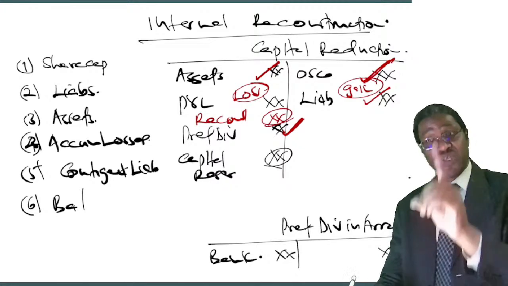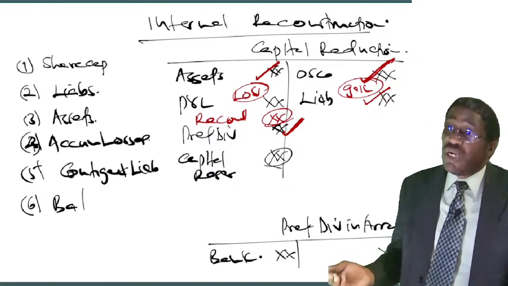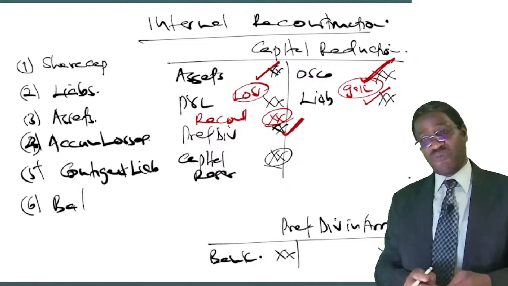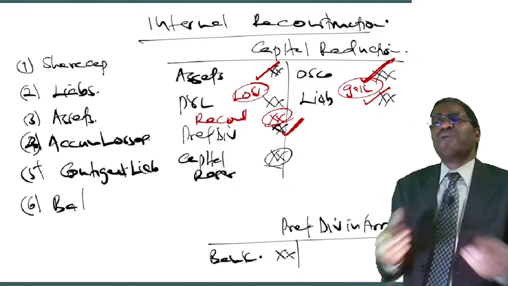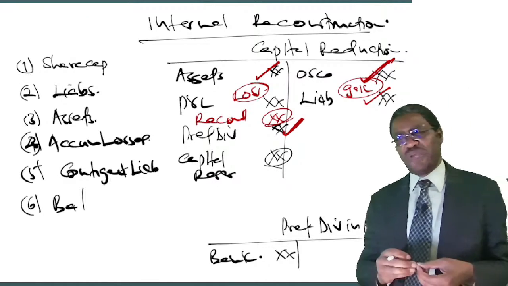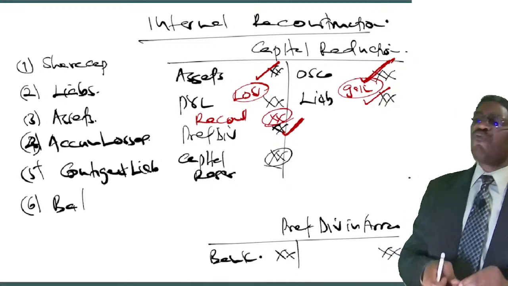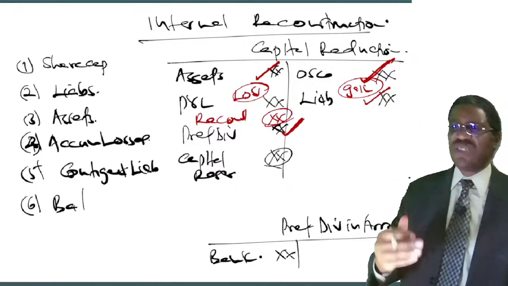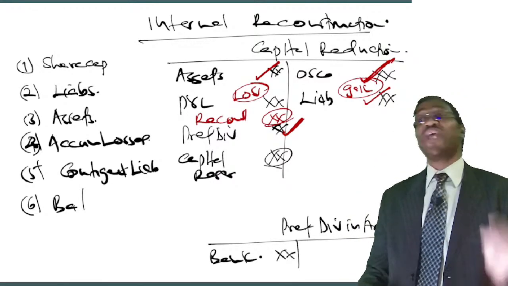You remember, we gave an example of share premium. Maybe a note tells you share premium is to be written off. We concluded by saying share premium is an amount that belongs to shareholders. So if we are to write off that share premium, then as a company, we are reducing what we owe to the shareholders for their premium.